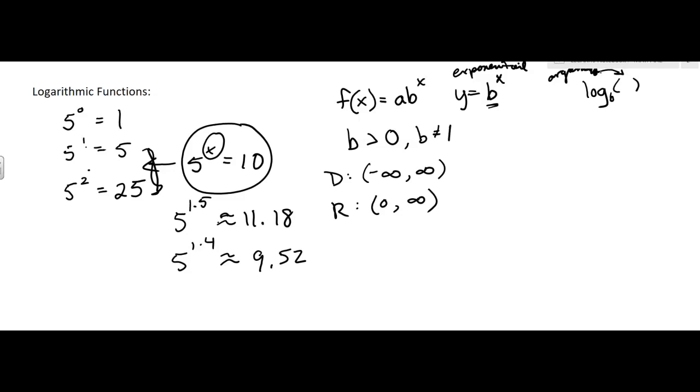So a logarithm's a function. You're taking it of something. In this case, it would be y. And that relates to the y over here. And then the whole thing is going to equal the exponent, x. Okay? Now that's the relationship between the logarithm function and the exponential function.